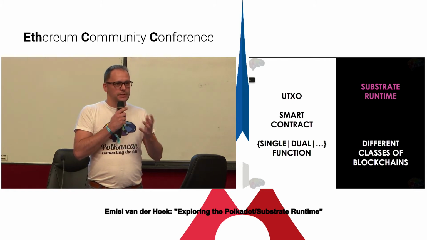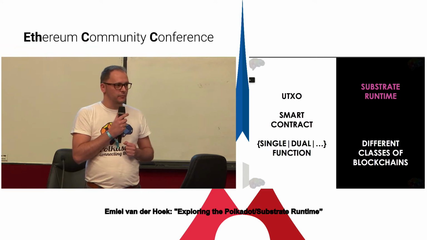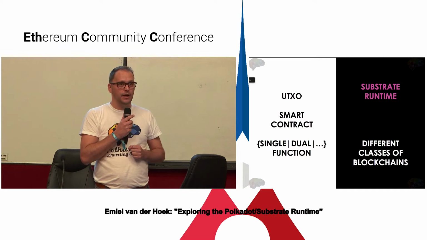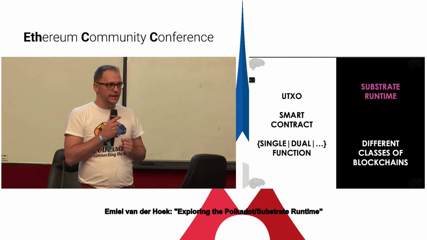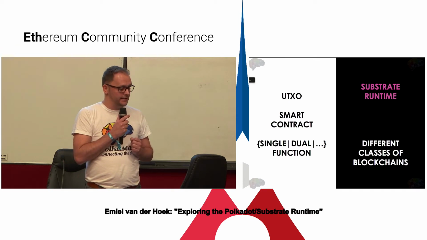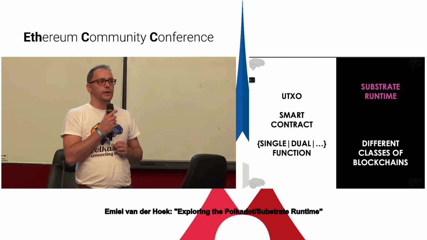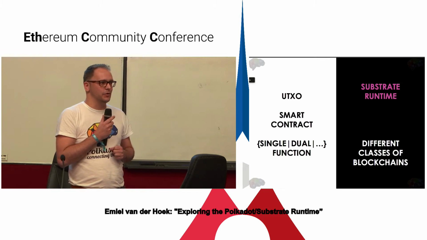And with Substrate, you can build different classes of blockchains, from Bitcoin-like UTXO classes of blockchains to full smart contract blockchains to single or dual function blockchains, of which the Polkadot relay chain is an example.